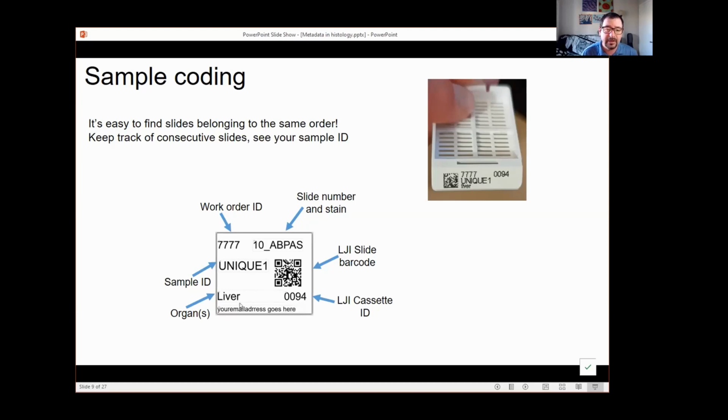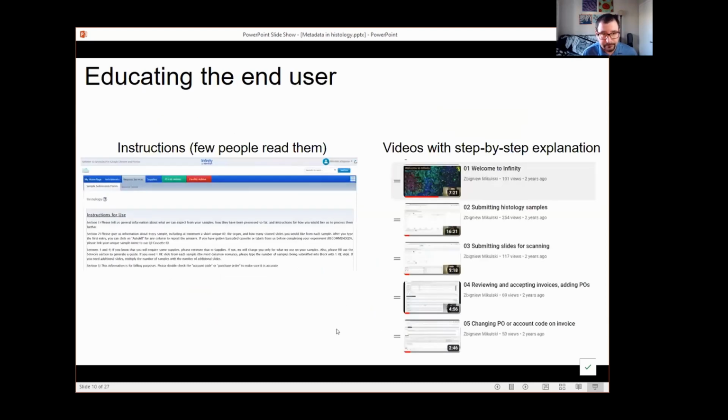And we also put the email address of the person who requested it. It's easier for us to look at the slide and know who it belongs to. Then there's our barcode for the slides. It's slightly more complex than the one for the cassettes. And there is the cassette ID, a slide number, and the stain.